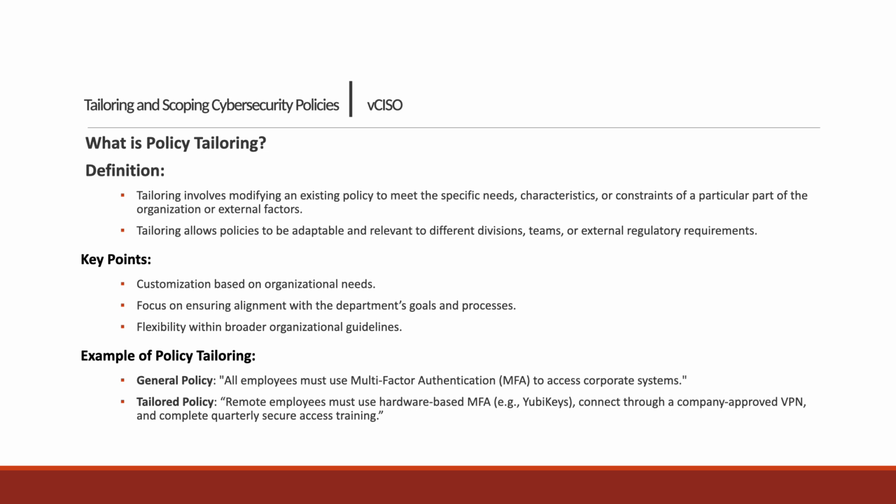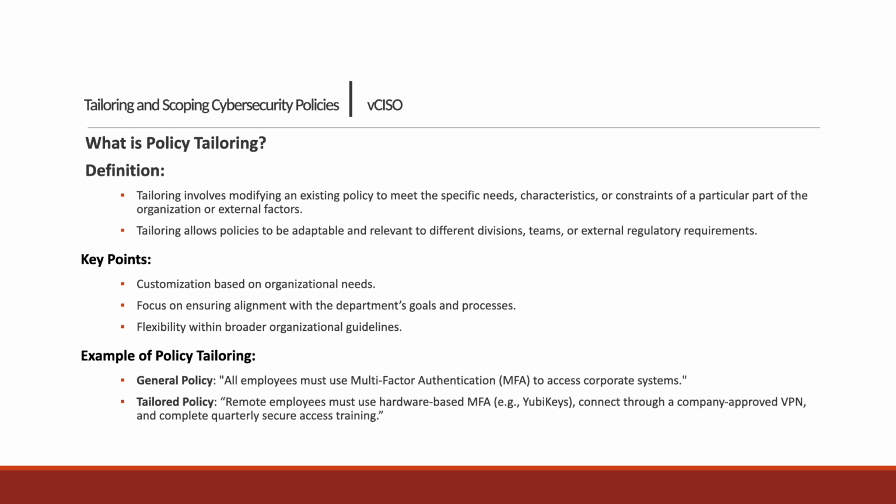Focus on ensuring alignment with the department's goals and processes. You don't want to select a tool or an encryption type that you're not capable of implementing, or that is troublesome for your experts or consumers to use. Flexibility within broader organizational guidelines means you shouldn't interfere with the other organizational guidelines.